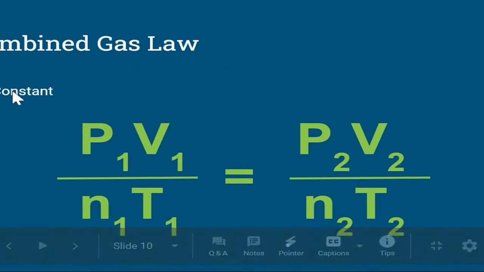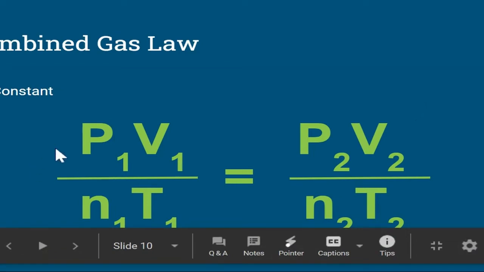And I will tell you that moles is here in this calculation, but we're going to go ahead and hold moles constant, which means if I move some things around in this equation, and let's say I move n to this other side, mathematically to do that, I multiply n on both sides and it will cancel over here. So the n will go away, but if I multiply it on this side, I've got to multiply it over here.